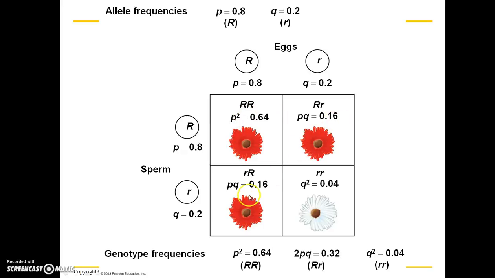We're going to have the PQ, or big R, little r, representing 0.32 or 32% of the population between these two different combinations here of big R, little r, and little r, big R. And then we're going to have Q squared making up 4% of the population, and this represents the homozygous recessive allele frequency. So we end up with these genotype frequencies down here, and we calculated that simply based on the known allele frequencies in that population.